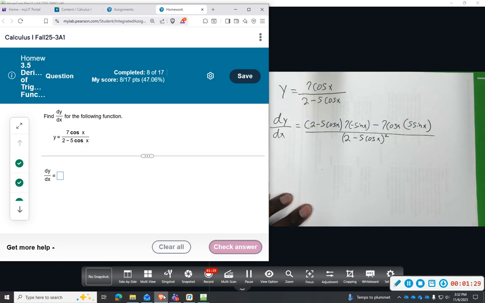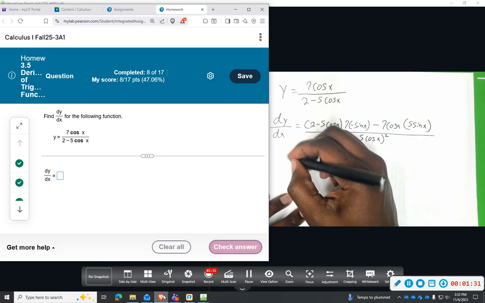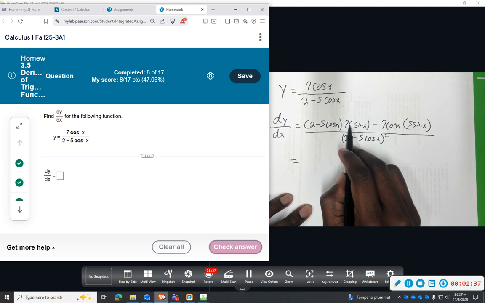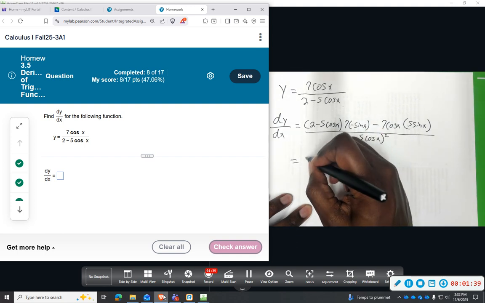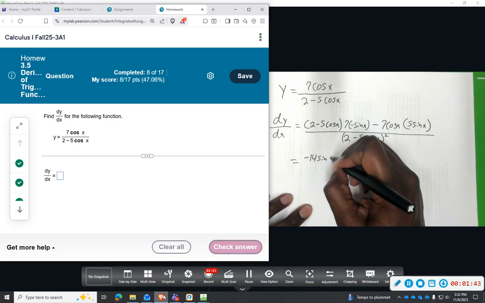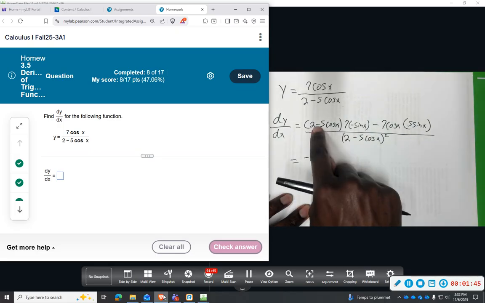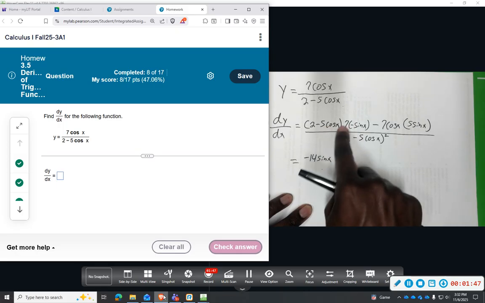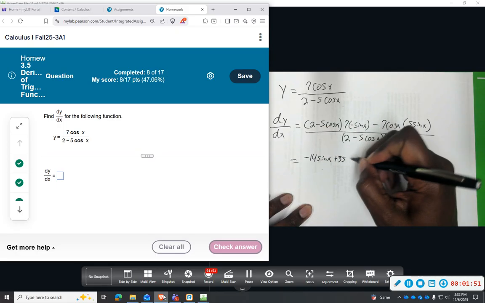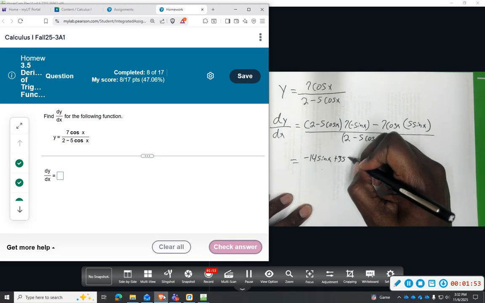I'm going to distribute and see if anything simplifies. So we'll have a 2 times a negative 7 sine x, so that'll give us a negative 14 sine x, and then the negative 5 times negative 7 will give us a positive 35 sine x cosine x.